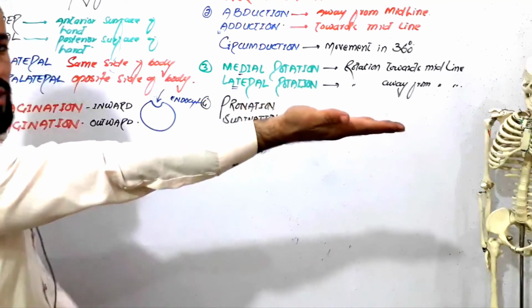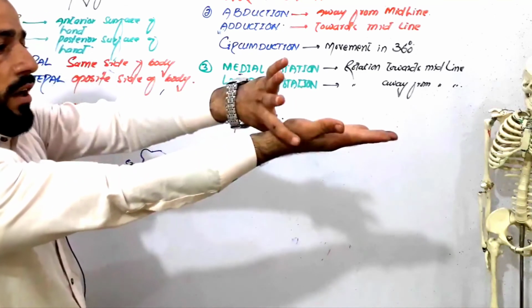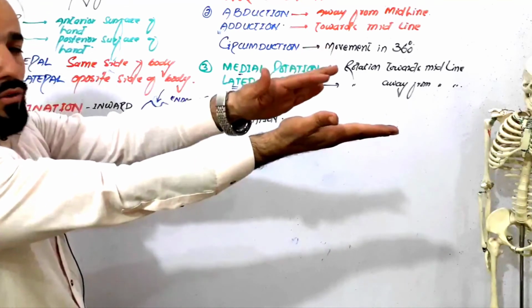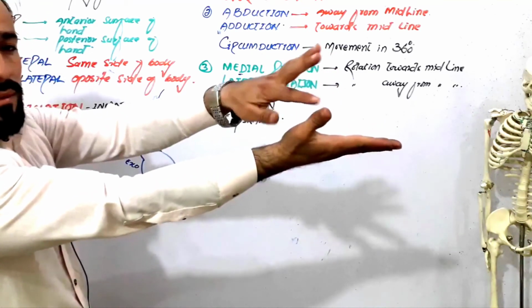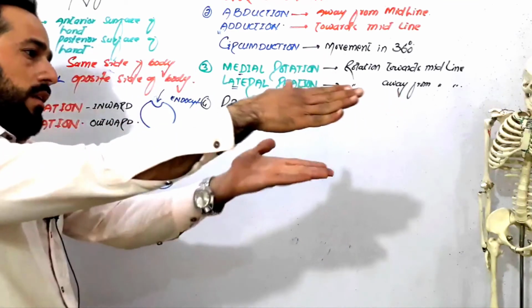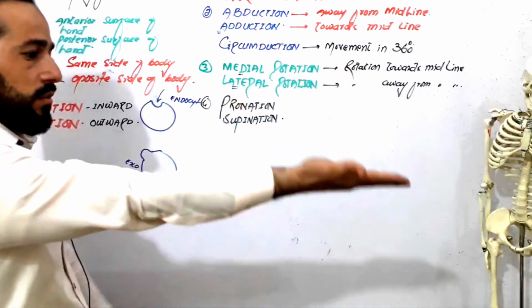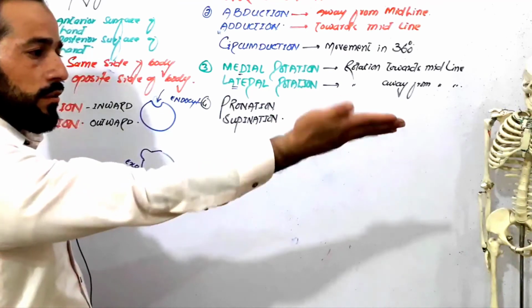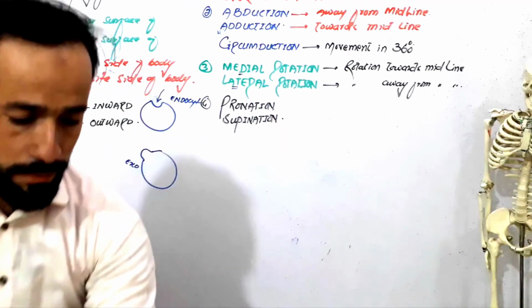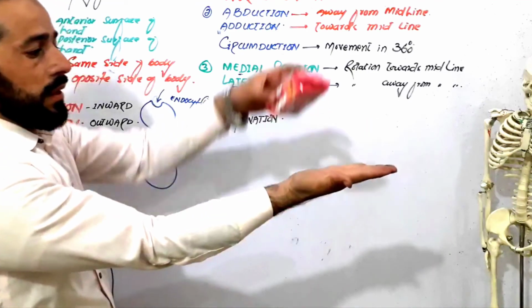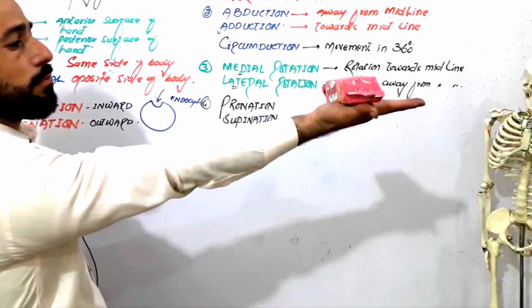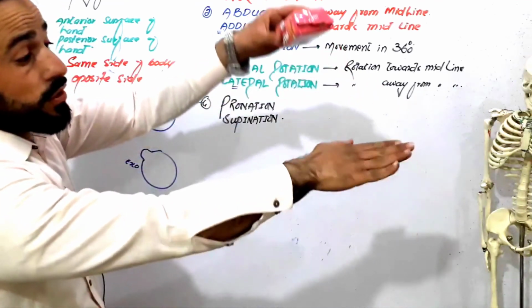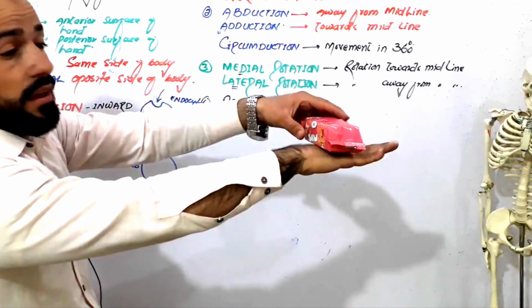When someone says pronate please, you have to take your thumb towards the midline and your palmar surface downward. So this is called pronation, supination. If you keep a plate of soup in your hand, this will be supination, because we don't keep the plate of soup here, right?